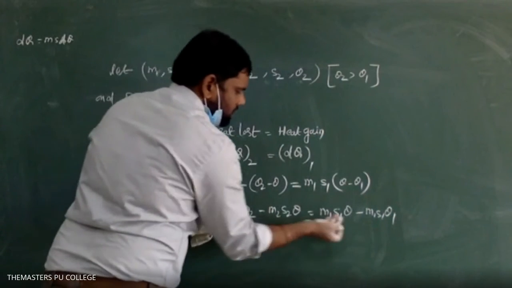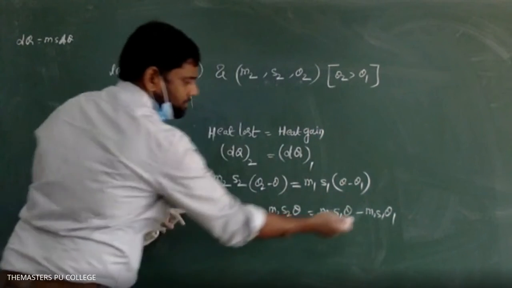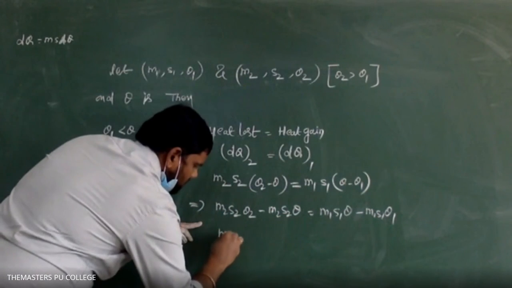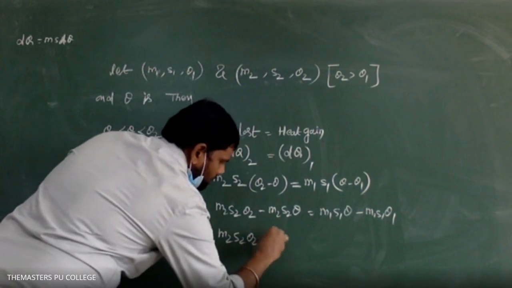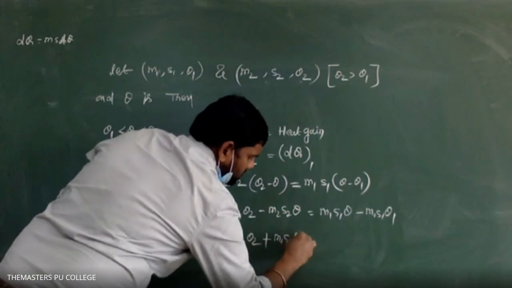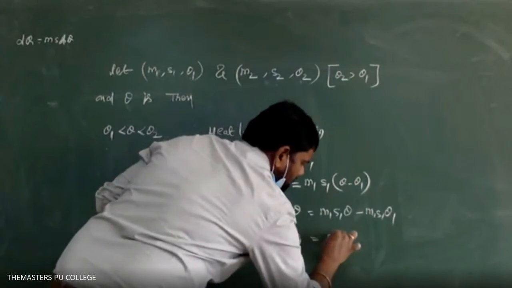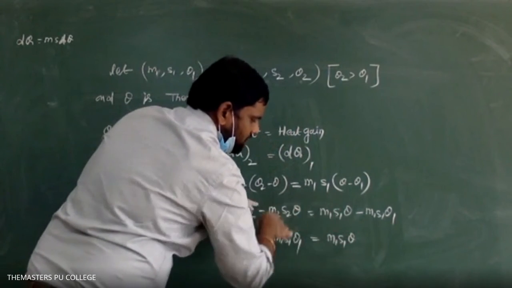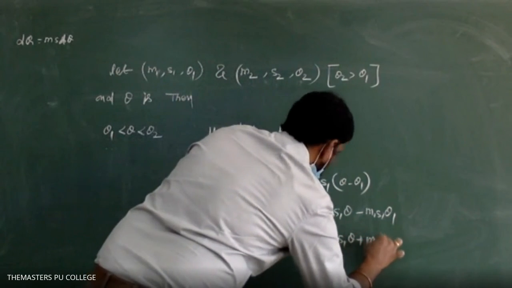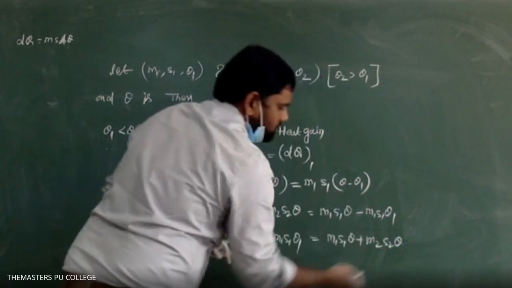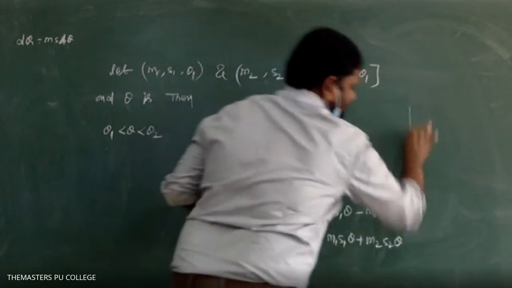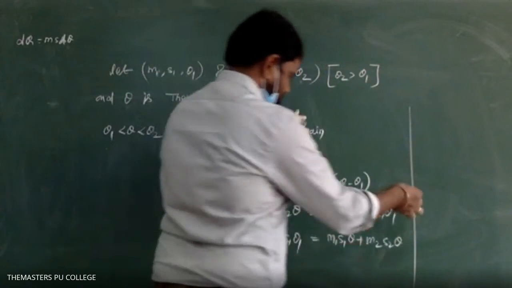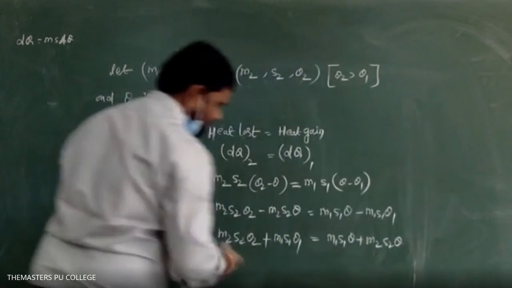Keep the theta terms on one side and the remaining terms on the other side. If this negative term is taken to this side, it becomes plus. So m2 s2 theta 2 plus m1 s1 theta 1 equals m1 s1 theta, and taking the negative term to the RHS, it becomes plus m2 s2 theta. So theta is common among these terms. Are you able to see? I think it's not visible there, so let us write here.